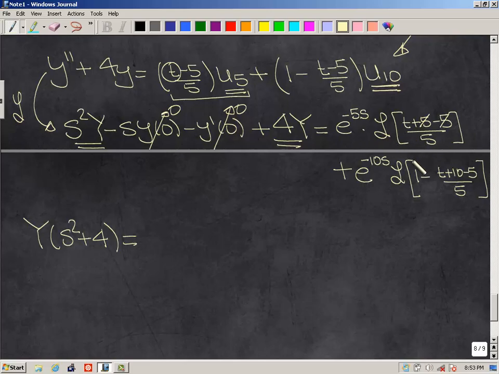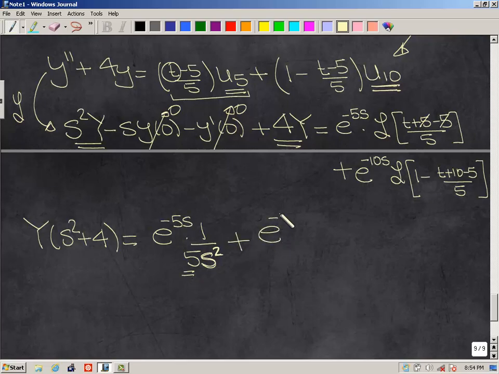Laplace of t is 1 over s squared. So you get e to the minus 5s times 1 over 5s squared. The 5 comes from the constant that got pulled out, and Laplace of t is 1 over s squared.